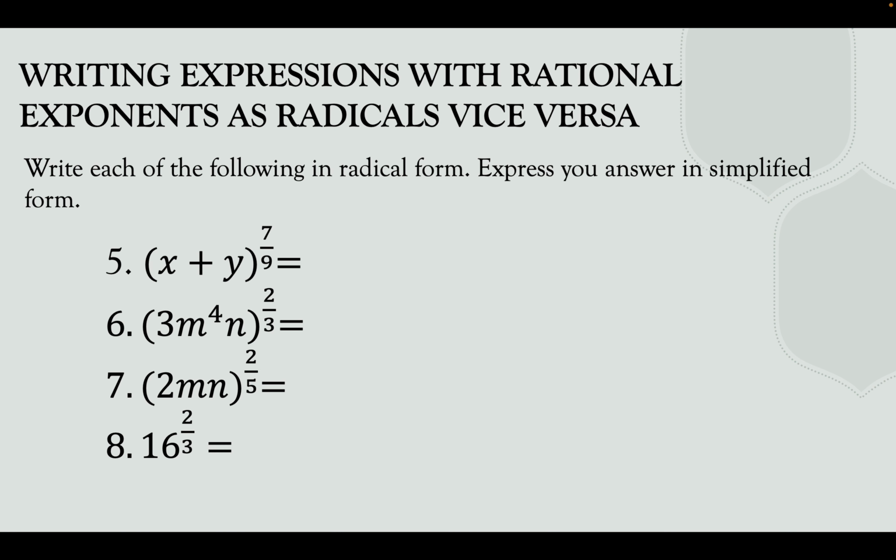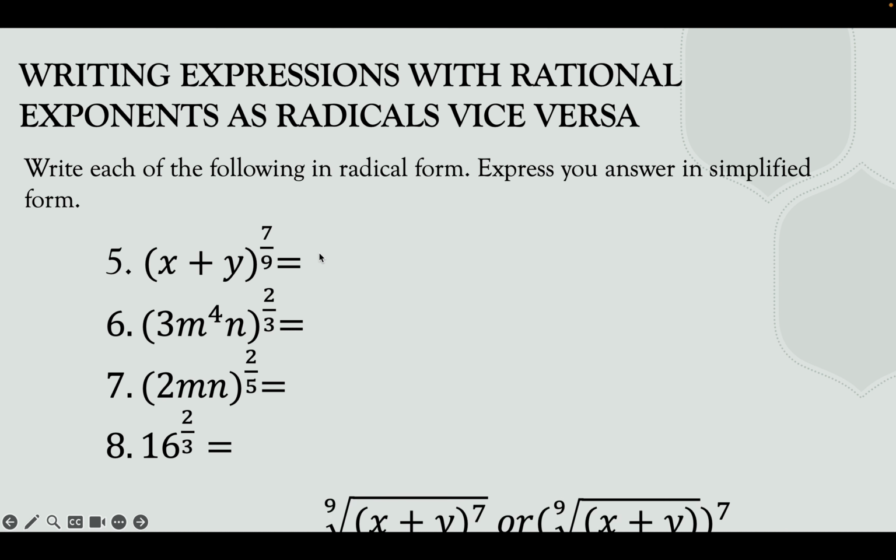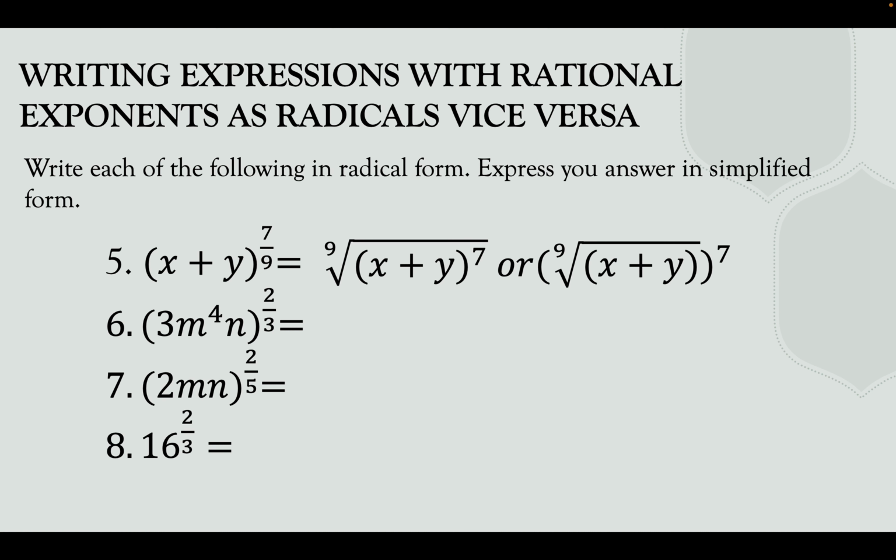Another example, number 5, x plus y raised to 7 over 9. The x plus y is the radicand and the exponent is 7, the numerator. The denominator 9 is the index. So we have the 9th root of x plus y raised to 7.